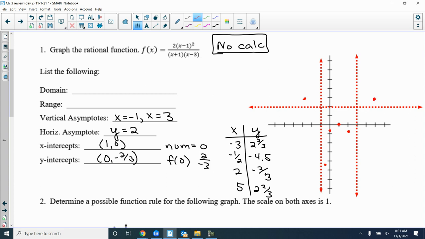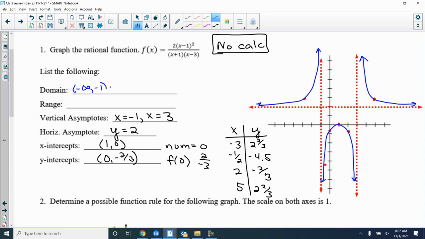Okay, from here we got enough information to draw this. It looks like it's going to bounce there, and then it's going to come through here. Okay, for that. So now think about your domain and range. Your domain is going to be everything but -1 and 3.